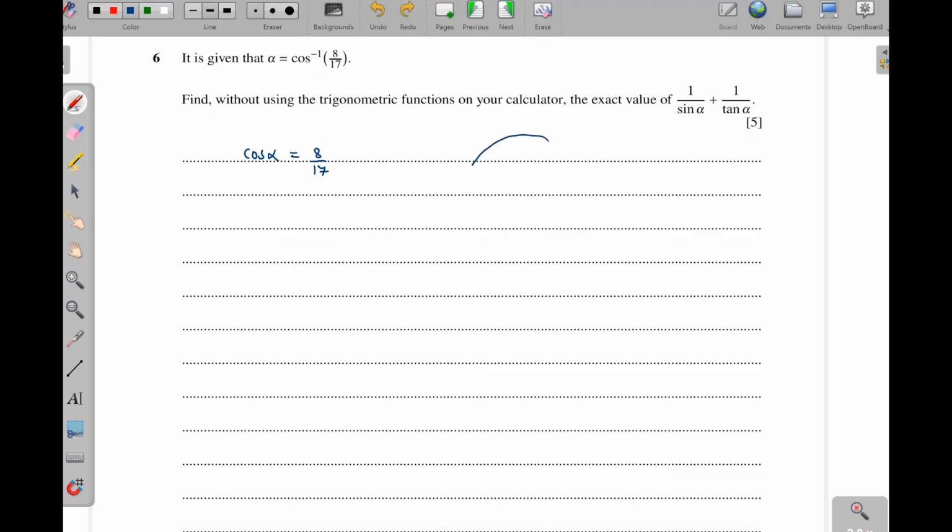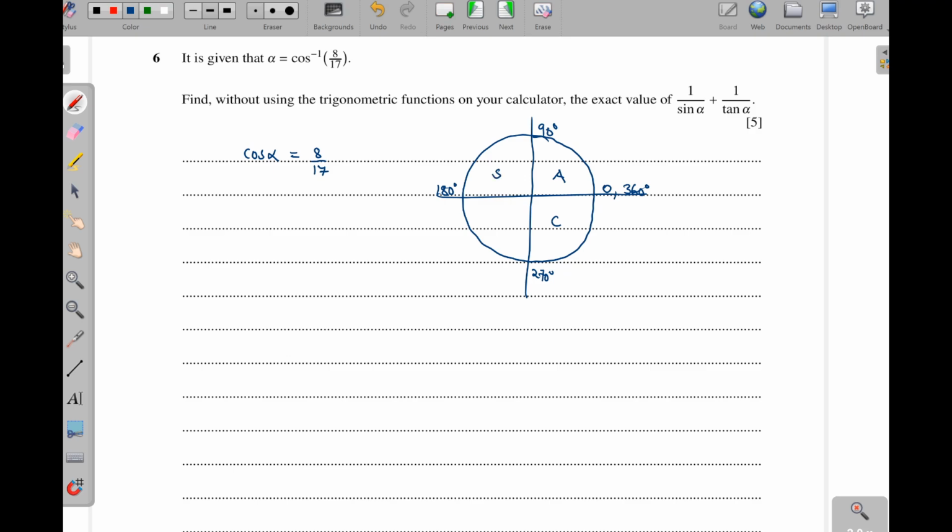Then after that, we can see that actually cosine here is positive. Now, when we draw our 4 quadrants, okay, we know that cos is positive in the first quadrant and fourth quadrant. You see that? Then we can have a 0 here, then this is 90, then 180, then 270, then 360.